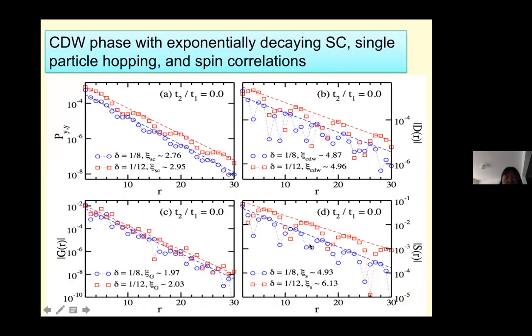And the superconducting correlation, I showed you one example. Now I show you the different doping levels, both doping 1/8 and 1/12 at T2/T1 equals 0.